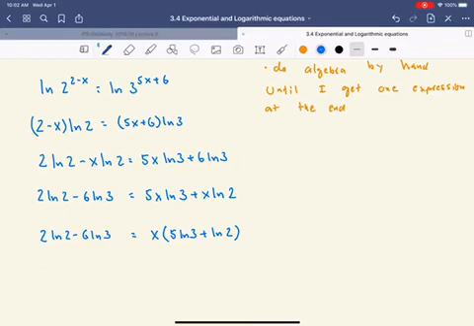Now, next thing I'm going to do, I'm going to divide by this term on both sides. So we're going to get 2 natural log of 2 minus 6 natural log of 3, divided by 5 natural log of 3 plus natural log of 2, equals x.